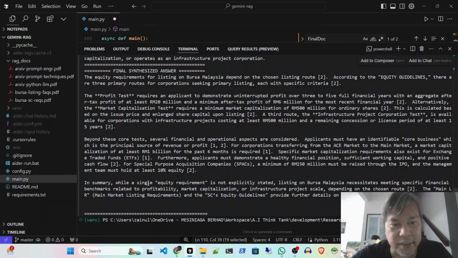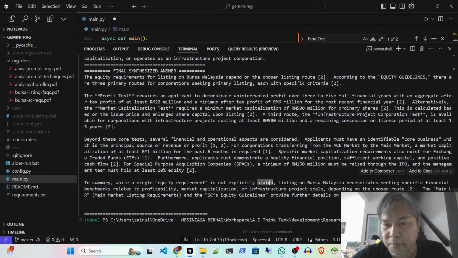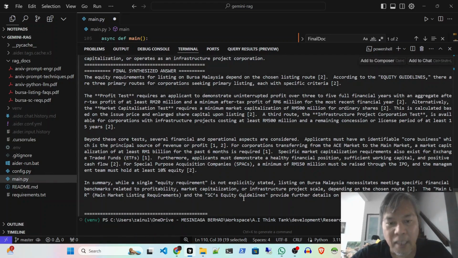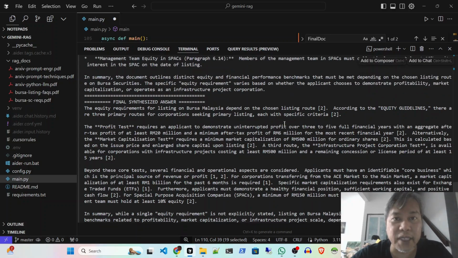Okay, and then single equity requirement is not explicitly stated, but it says that Bursa Malaysia necessitates meeting specific financial benchmarks. Blah blah blah. All right, so that's how it is. I hope you can see how this works.